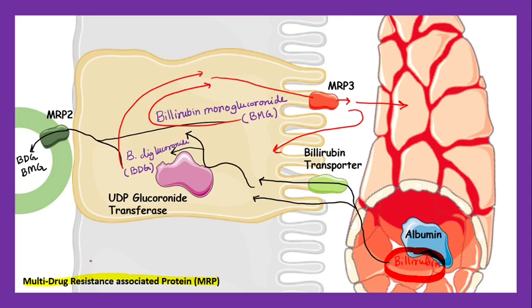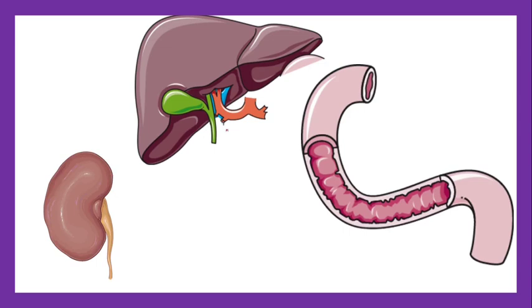Now, let us see what happens to the BDG and BMG when they are excreted through the biliary canalicular system. These two together are known as conjugated bilirubins.